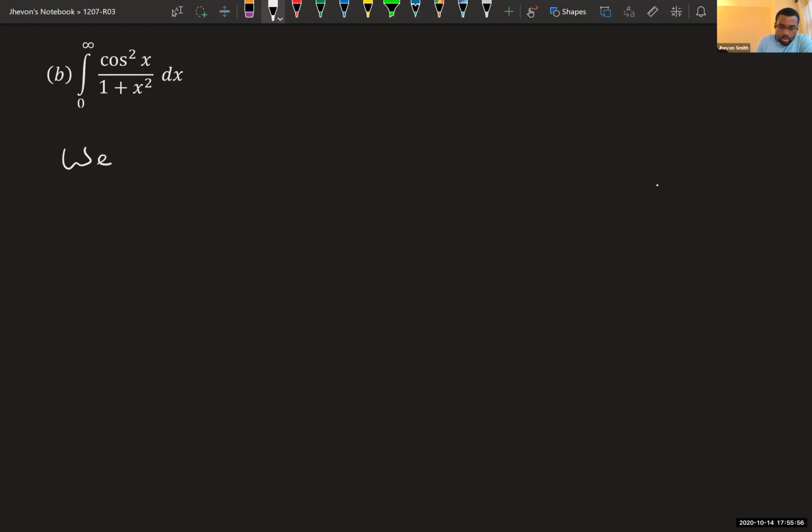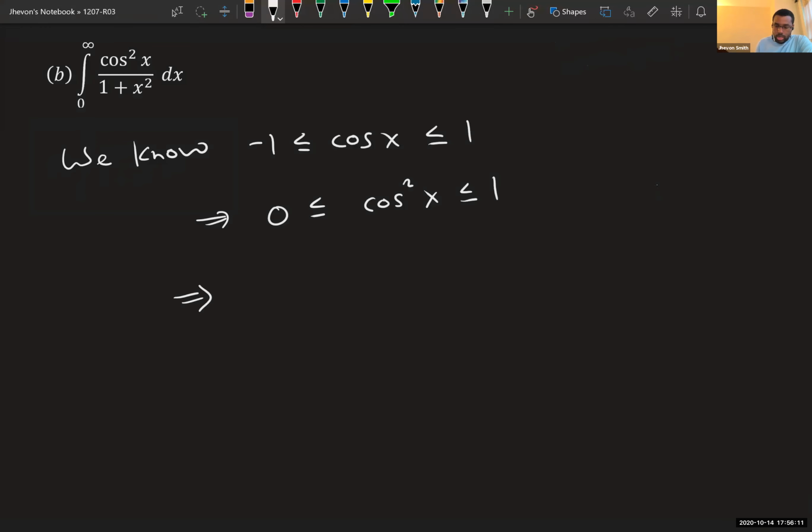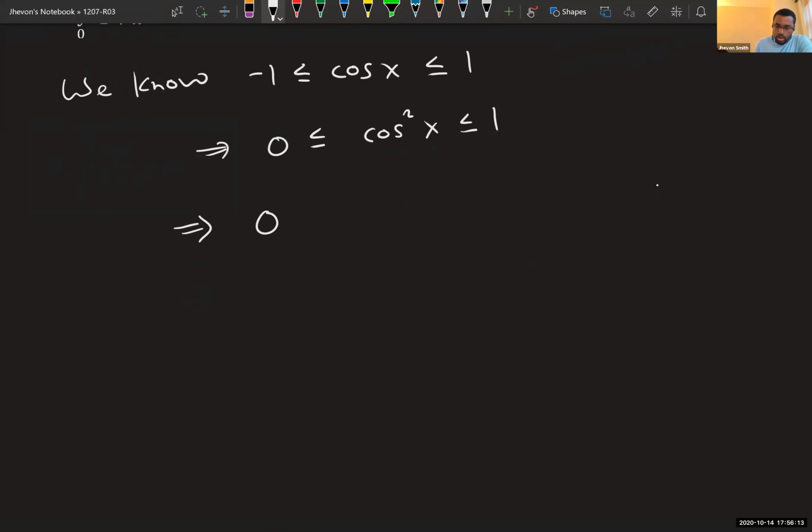And so we'd be able to say something like, we know that cosine is between -1 and 1. This, of course, means that cosine squared is between 0 and 1. This, of course, means that cosine squared over 1 plus x squared, I just divided by a positive number, 1 plus x squared is greater than or equal to 1.